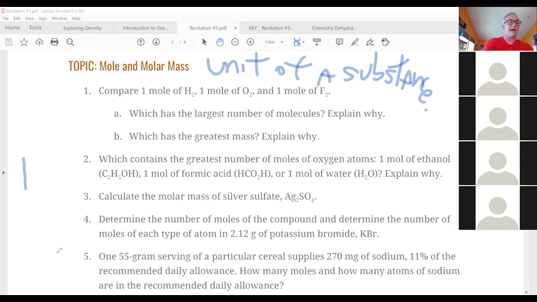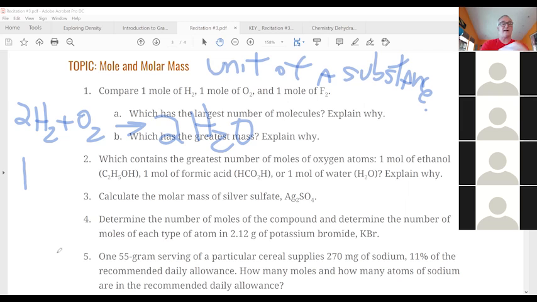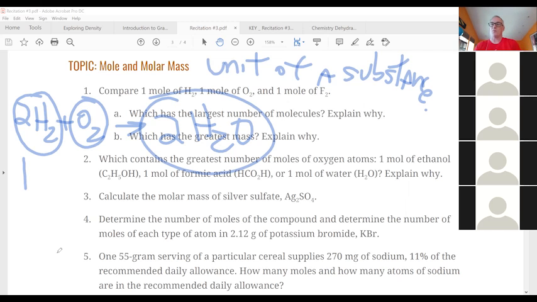So when you have hydrogen and oxygen coming together and making water, we say that 2 moles of hydrogen gas react with 1 mole of oxygen to give 2 moles of water.